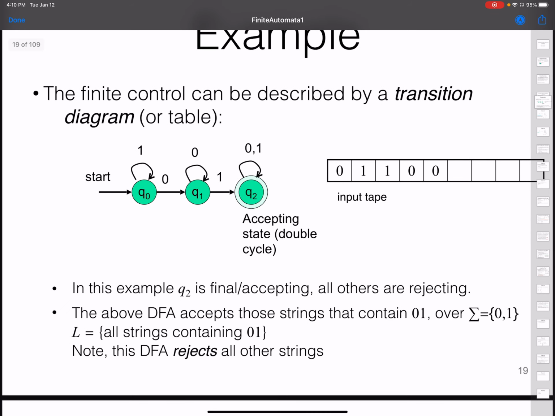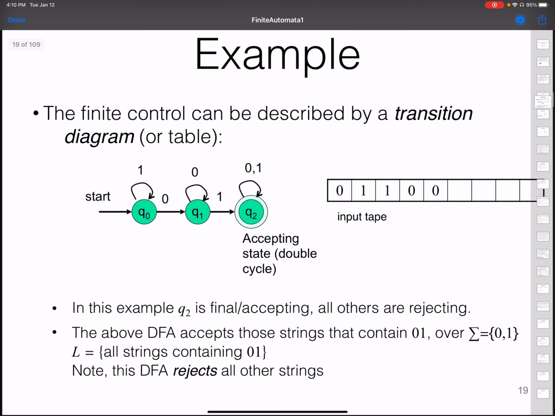Any other binary string that you pass to this DFA will be rejected, right? If you don't have the pattern 0, 1, you would never be able to reach Q2, and so this DFA is going to represent this language.